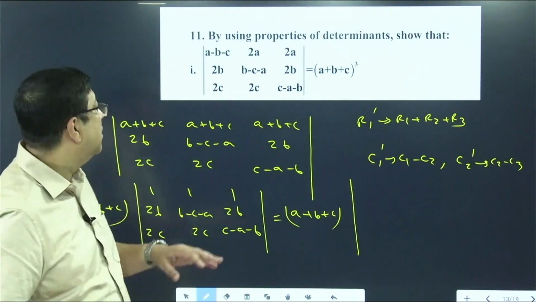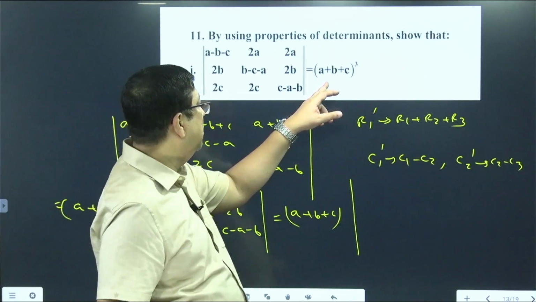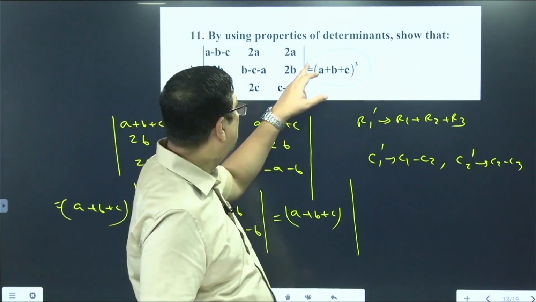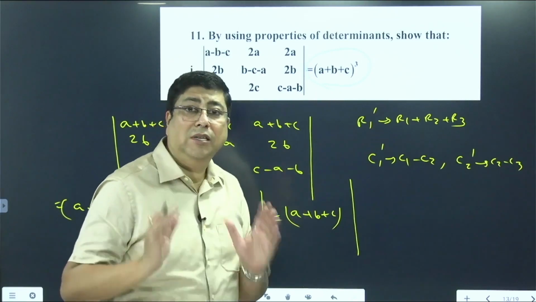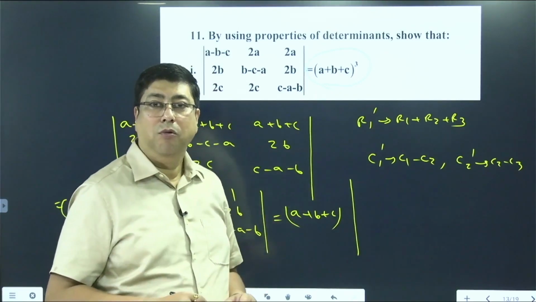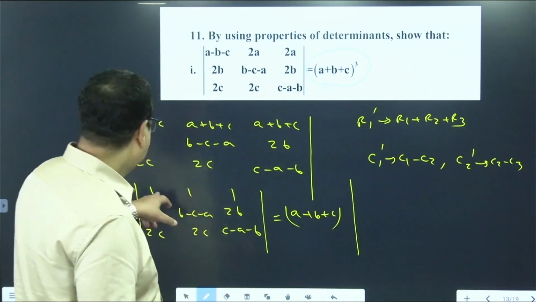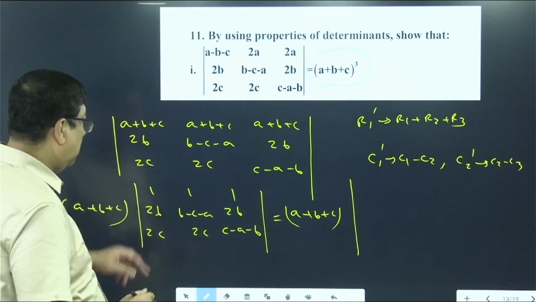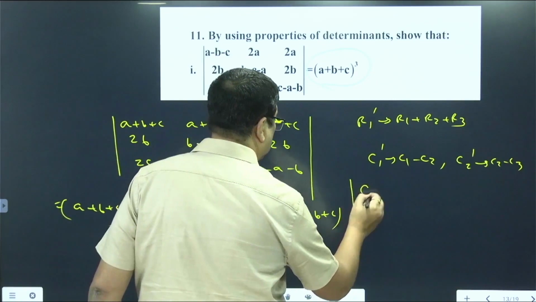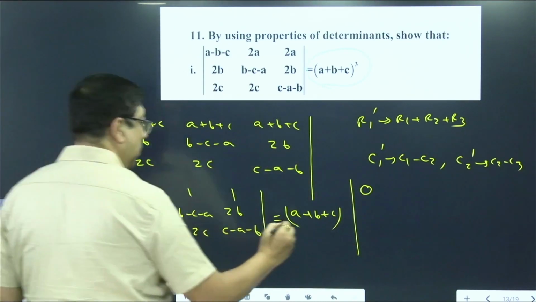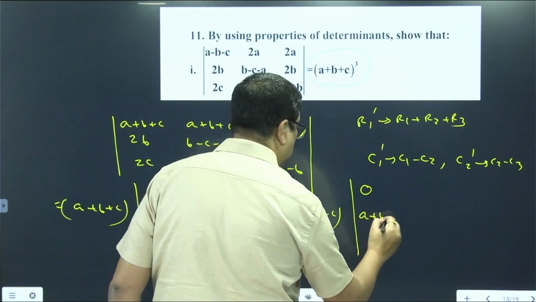Actually our target is that whatever there will be here, we have to take as many factors common as possible. So on C1, C1 minus C2, 1 minus 1 is 0, here 2b minus b, that is b, plus c plus a, that is a plus b plus c.